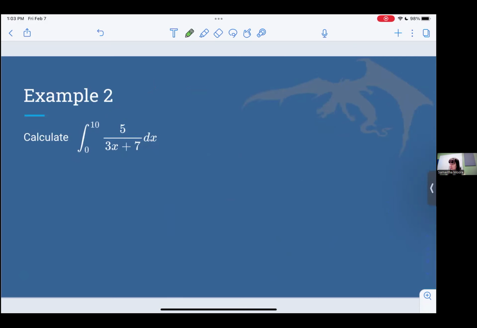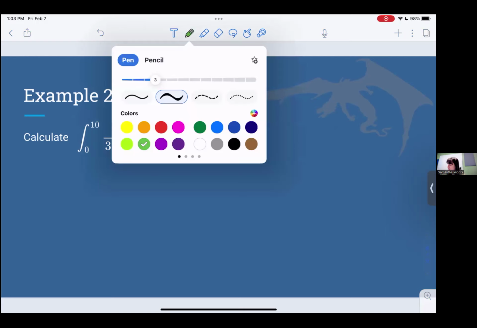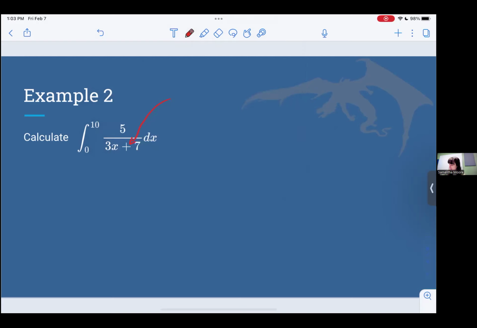Okay, so I'm looking for a function and its derivative, more or less, again, up to a constant. And it might not seem like we have that here. But if you think about it for a little bit, you can see that it would make sense to call 3x plus 7 the function, which would then say that 3 is the derivative, which again, we see up to a constant.